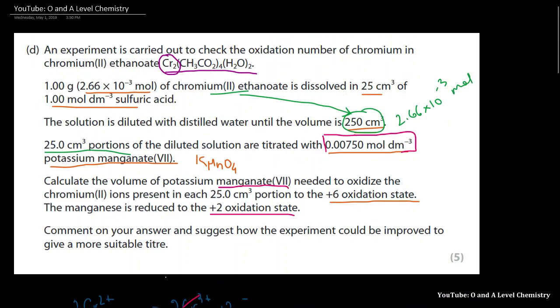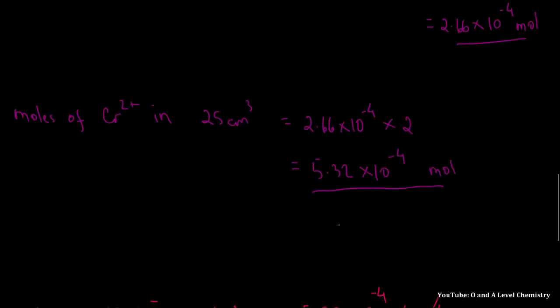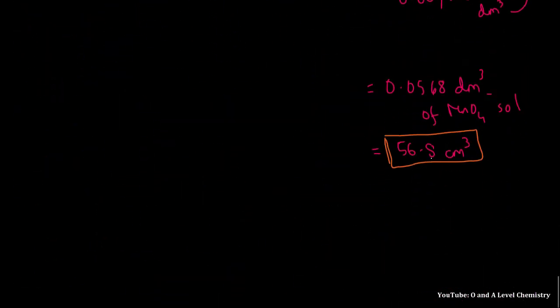And the last part asks to comment on your answer and suggest how the experiment could be improved. If you look at the titre value, it's over 50 cm cube, and we know that the capacity of a burette is 50 cm cube. So this is way more than 50 cm cube, and the problem is you have to refill the burette before finishing one titration. That's a nuisance.